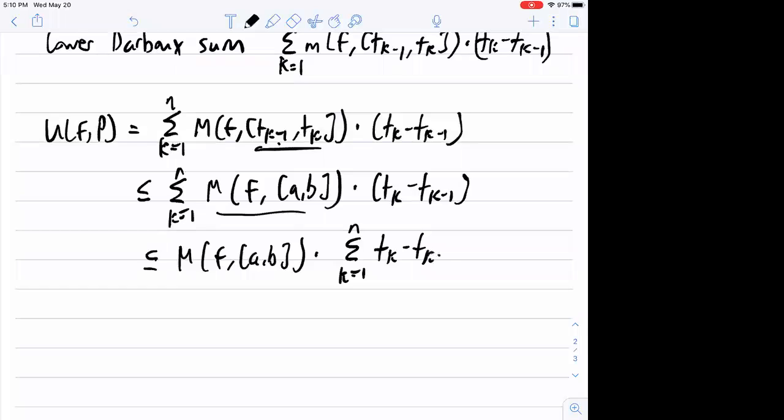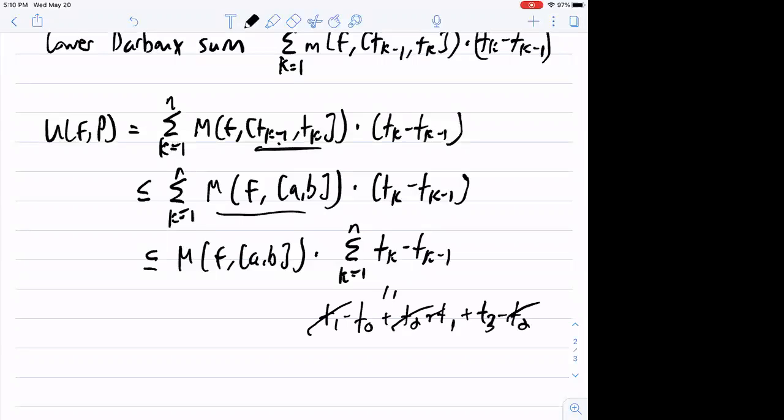Now, what is this? If you write it out, all the terms cancel except the first one and last one, right? If k equals 1, it's t1 minus t0. k equals 2, it's t2 minus t1. The t1s cancel. If I plug in k equals 3, I get t3 minus t2.